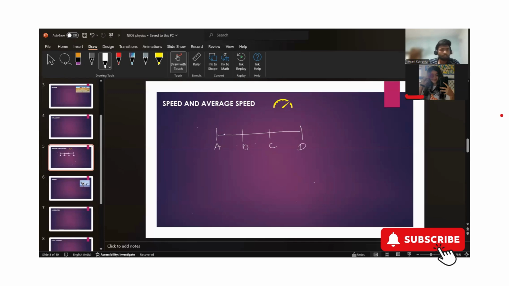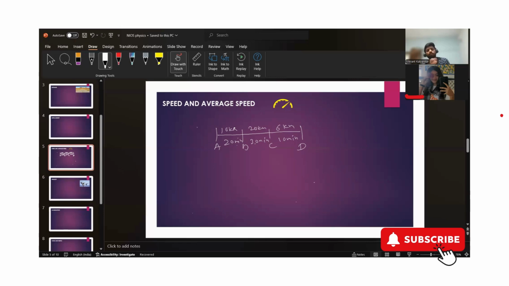Suppose this distance is 10 kilometer, then this is 20 kilometer, and this is 6 kilometer. Suppose here you take 20 minutes of time, here 30 minutes, and here 10 minutes. Means you have started your journey from point A and ended it at point D, right?